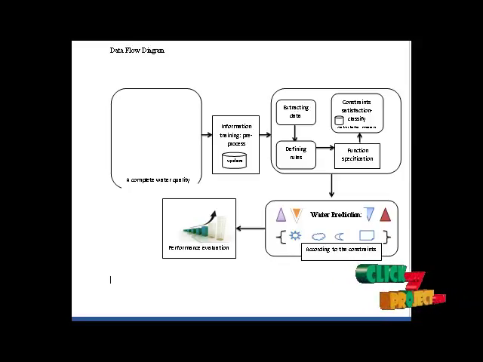Finally, we get the water predictions, so which water is best in the ponds, and calculate using a performance evaluation graph. According to the constraints, we calculate the mean value using the classification.